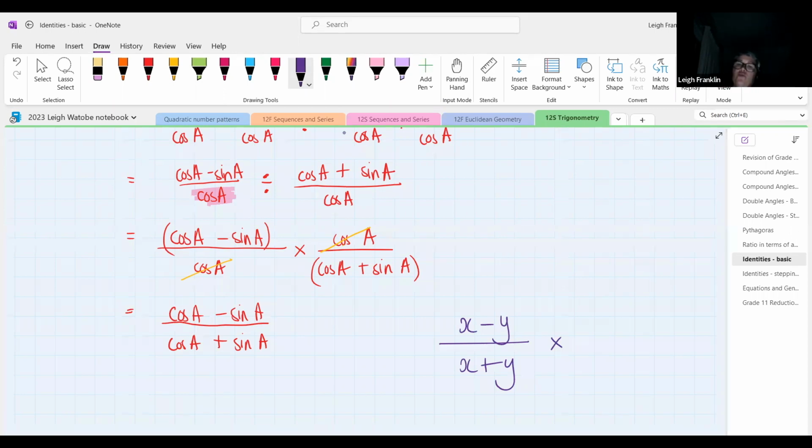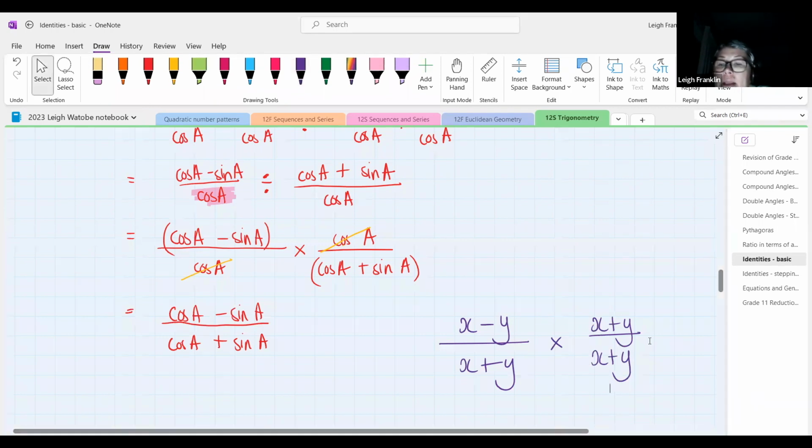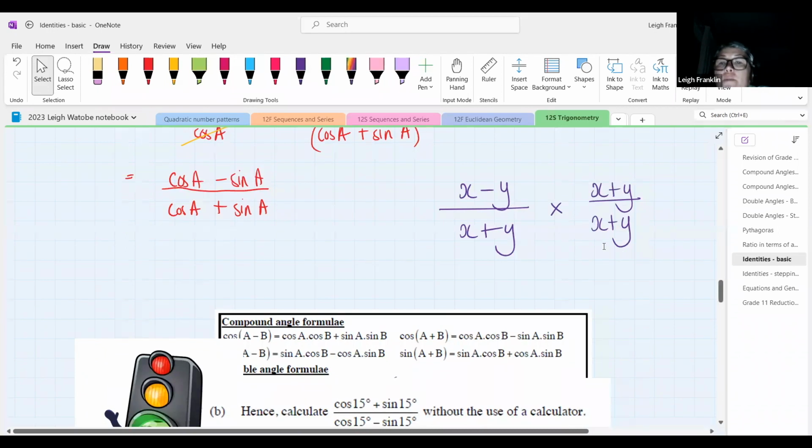But again, you're writing 1 in a very specific way. So let's say I decide for whatever reason, I need x squared minus y squared in my numerator. I can then write x plus y at the top over x plus y at the bottom. That's multiplying by a conjugate. So again, x plus y divided by x plus y would be 1.